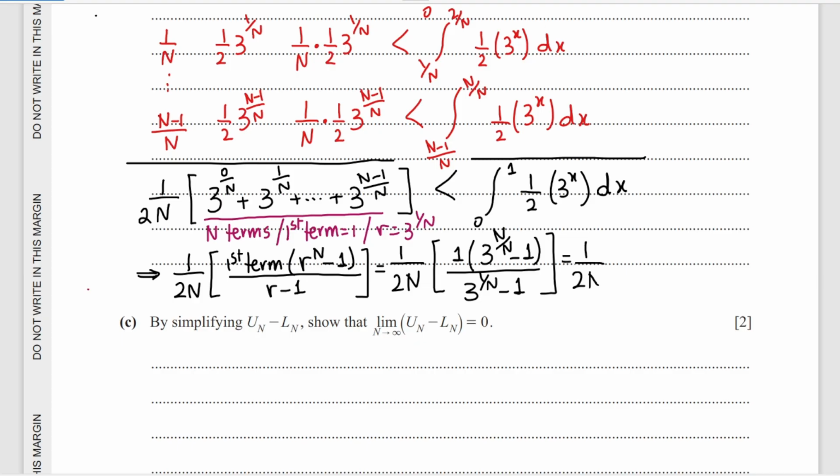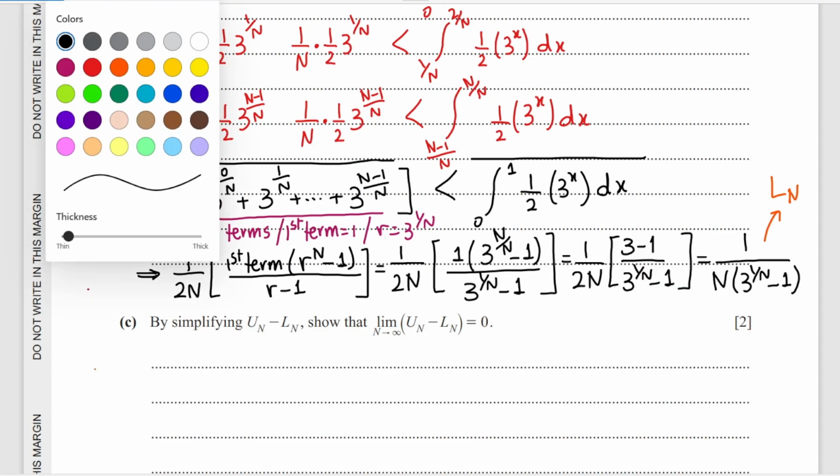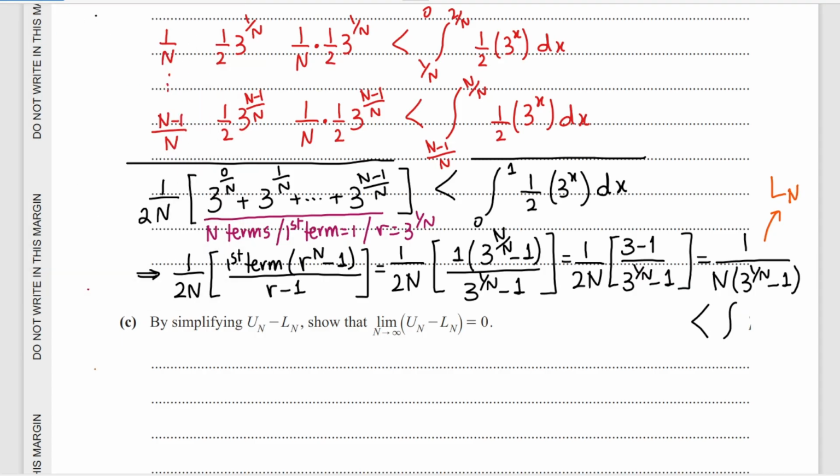This is equal to 1 over 2n into (3 minus 1) over (3^(1/n) minus 1), which is equal to 1 over n into (3^(1/n) minus 1). And this is our lower bound, which is less than the area under the whole curve from 0 to 1.